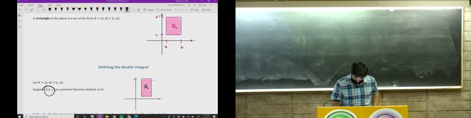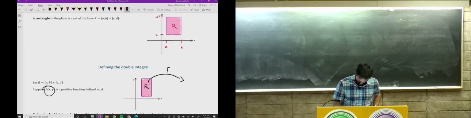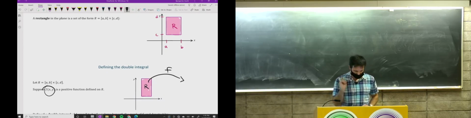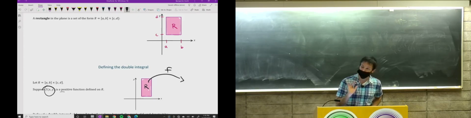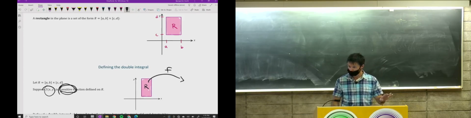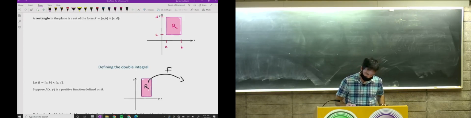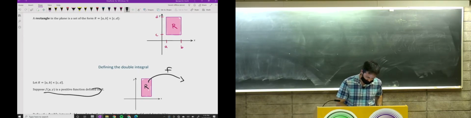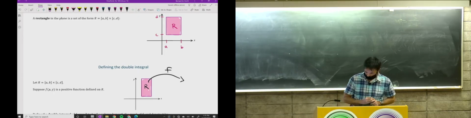So f takes values in this rectangle and spits out some number. And in fact, let's suppose for the moment that f only spits out positive numbers. I'll get to negatives shortly, but for now, let's suppose f is a positive function defined on this rectangle.